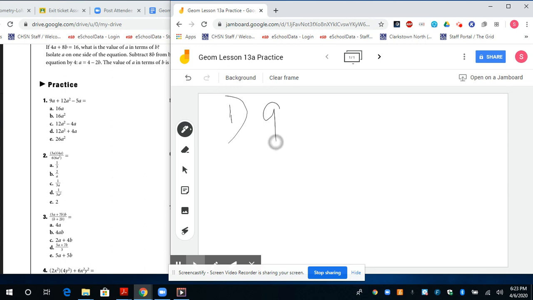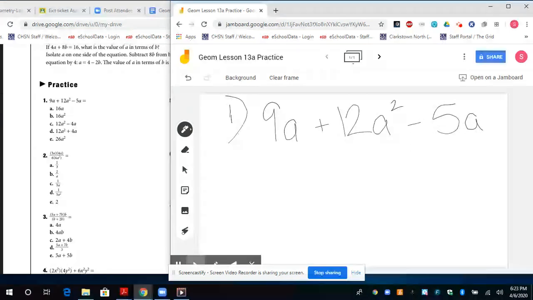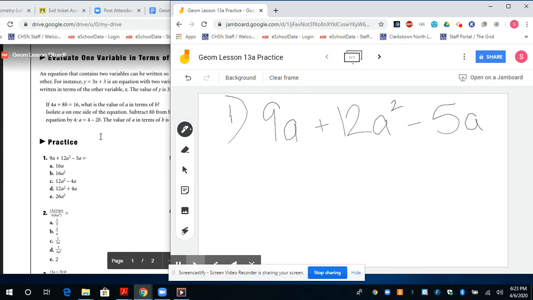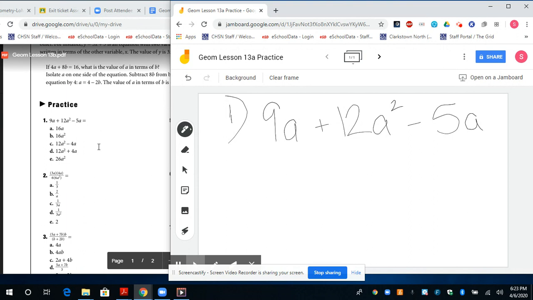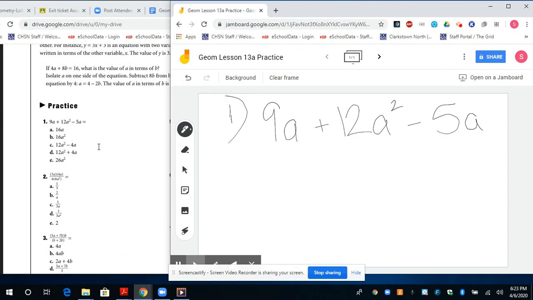So we have 9a plus 12a squared minus 5a. So, we're starting off with some algebra. As you guys have seen, we've used algebra in geometry, just solving equations, simplifying terms, combining like terms.